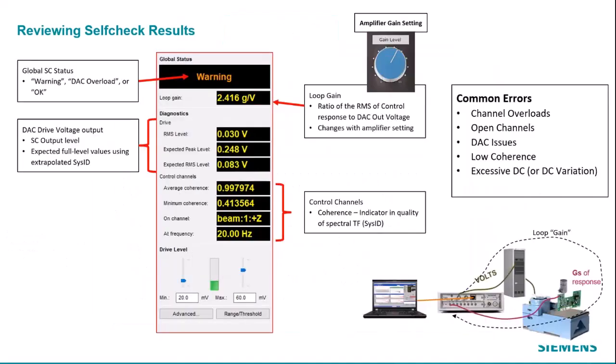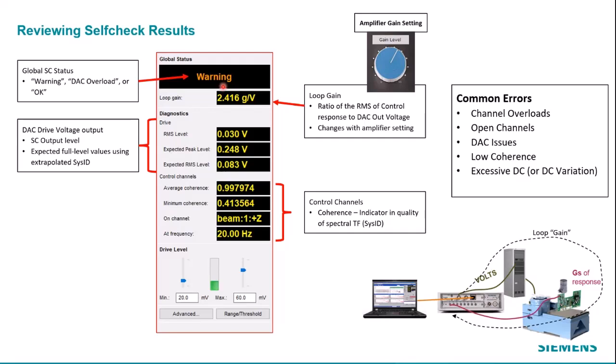Very important. And these are some sample results that may come out of that. As I said, you get a global status, and in this case it's an orange message, which is a warning. Sometimes if it's orange, it's just a warning. If it's red, then it's a do-not-proceed type of error message. So you have to rectify whatever problems are causing that message until you can proceed with the test.